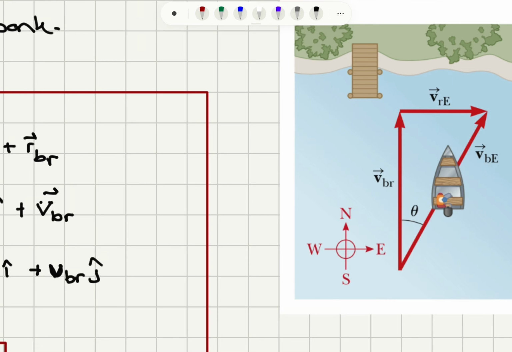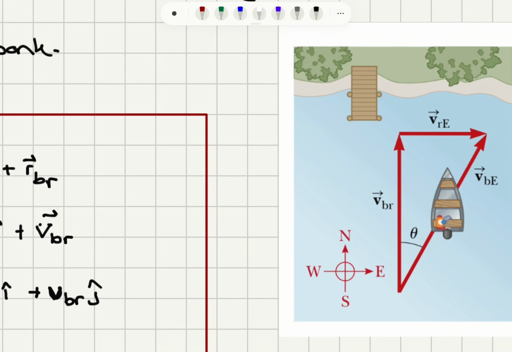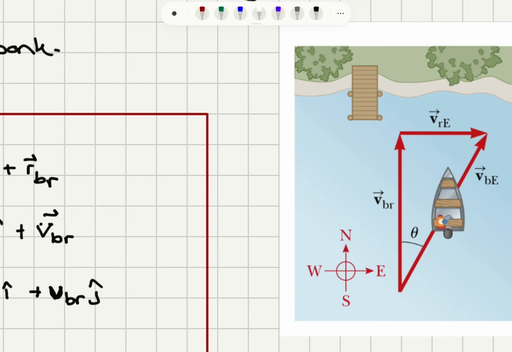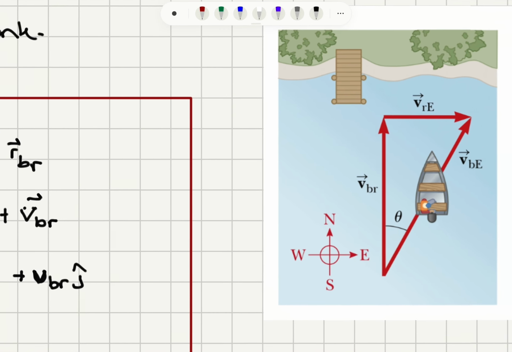So what is the velocity of the boat with respect to the earth? Well, this VBR J hat, that is the velocity of the boat with respect to the river. VRE I hat, that is the river moving with respect to the earth reference frame. And we find the total velocity vector here tells us the velocity of the boat with respect to the earth reference frame.